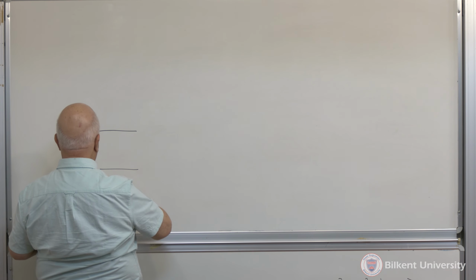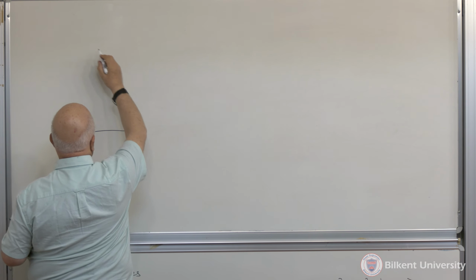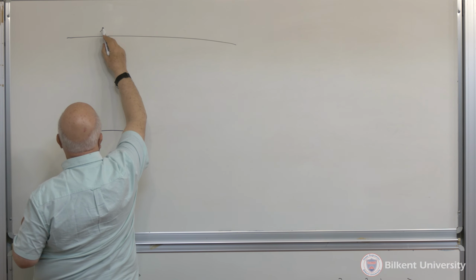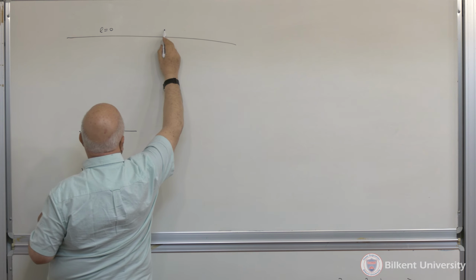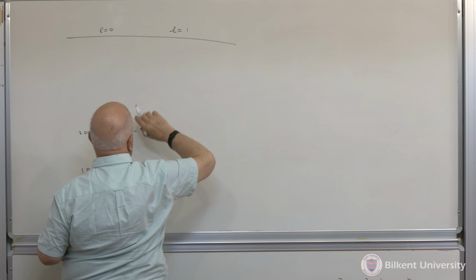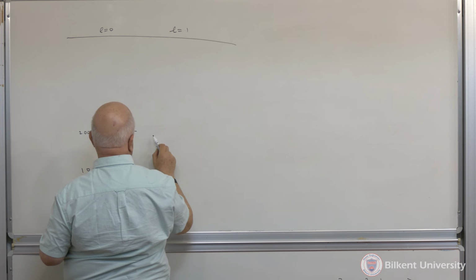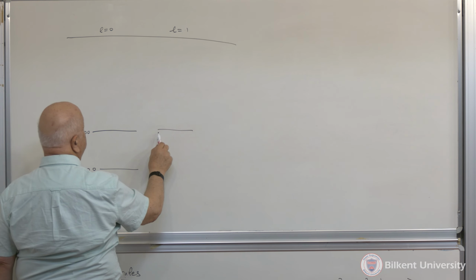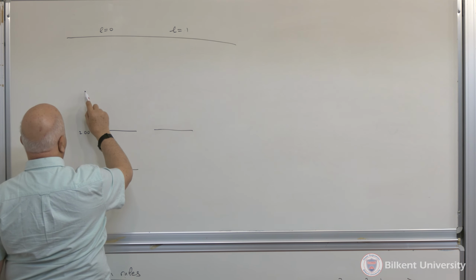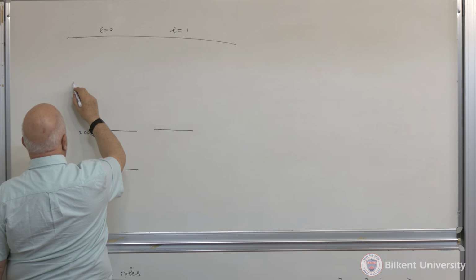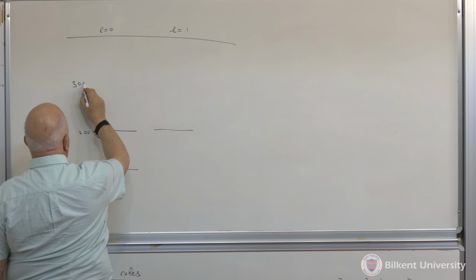Maybe it's best to put the L on the top. So this is going to be the L equal to 0, L equal to 1 state, and so on. So I have an L equal to 1 state here, which is permissible. And then I have 3 0 0.